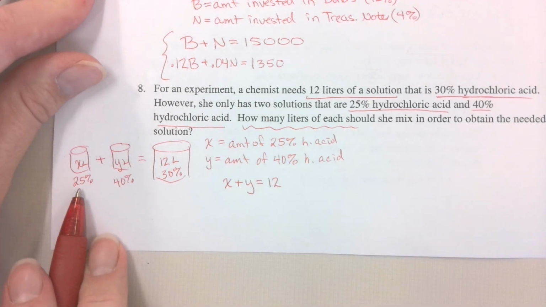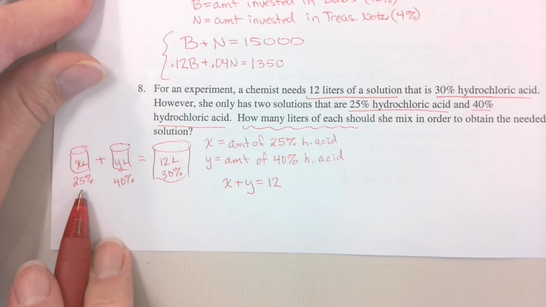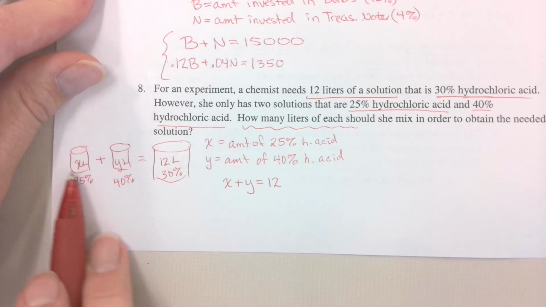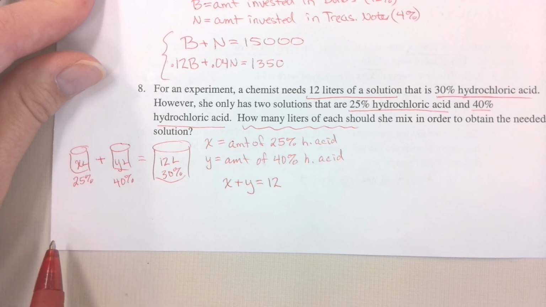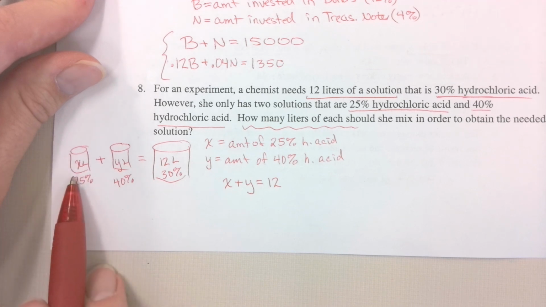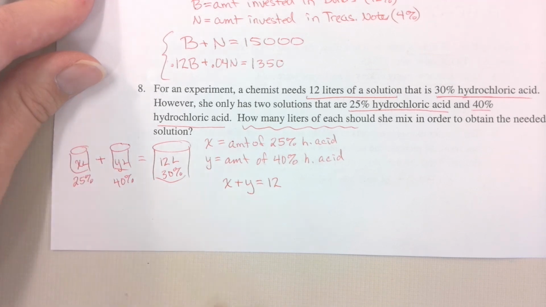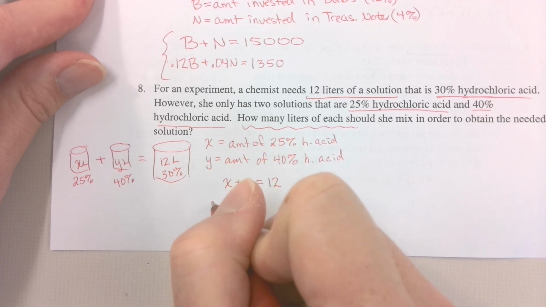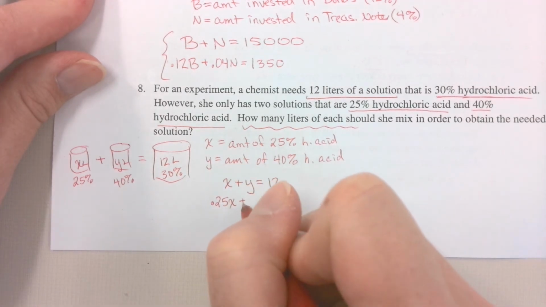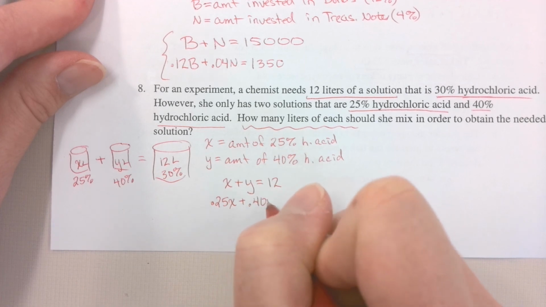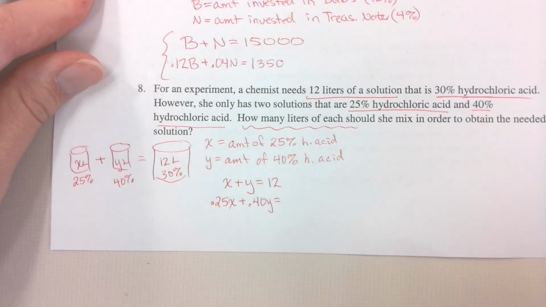And then I'm going to do my percentages. So 25% of this is acid. So if there's 10 liters here, then 25% of 10 would be 2.5 liters of acid, and the rest of it would be whatever liquid is in here. So it would be 0.25 times the amount, plus 0.4 times the amount, and that is going to equal, and here's where this is different.